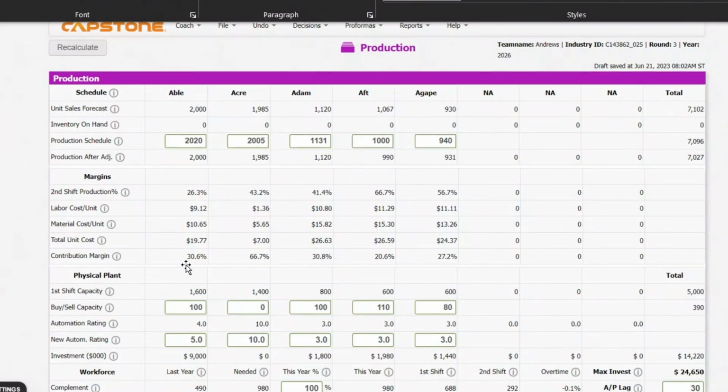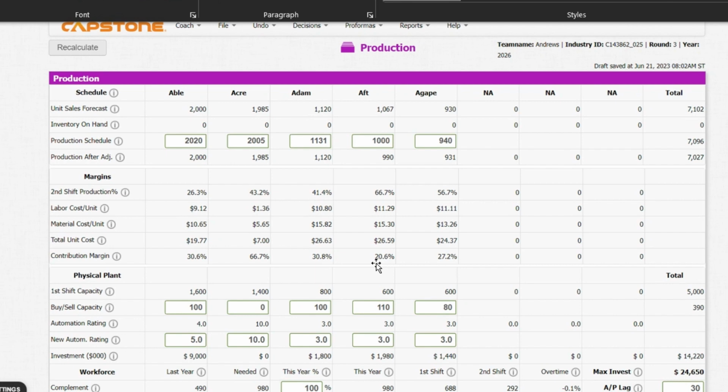Your contribution margin should be, or it is insisted to be, above 36%. So here I've barely managed to keep it at 30%, and here you can see 27, 20. So I would insist that in the beginning rounds it's okay, it is still okay to give up your contribution margin a little bit, so that in the future rounds you get a very good score in your contribution margin.